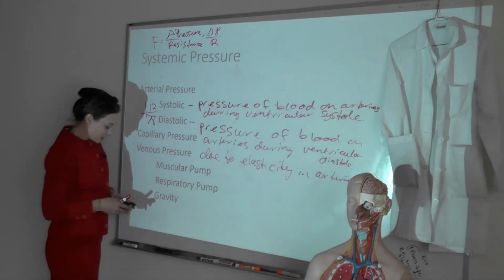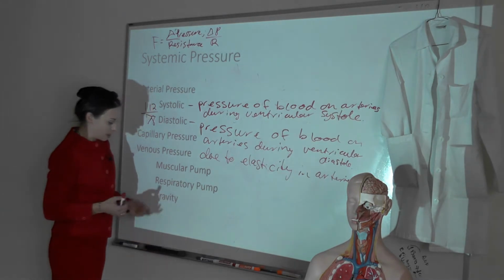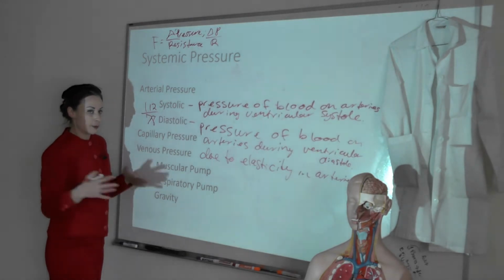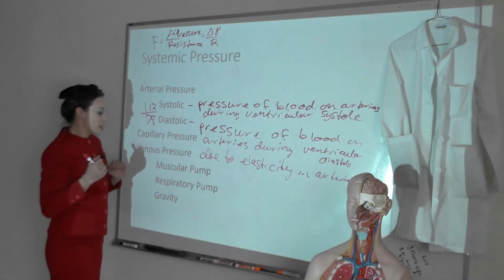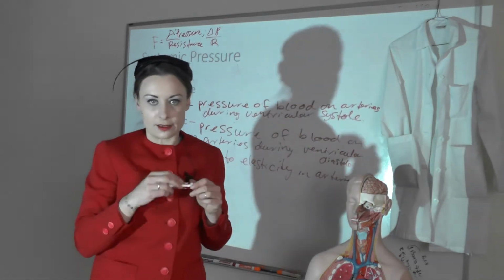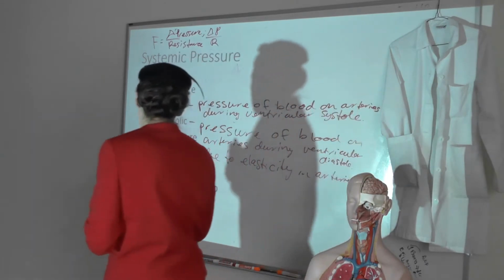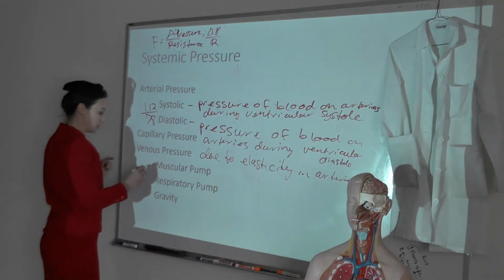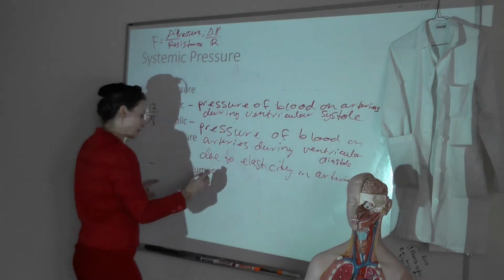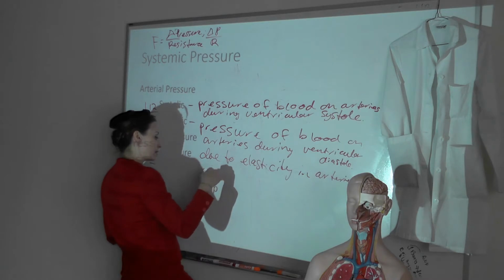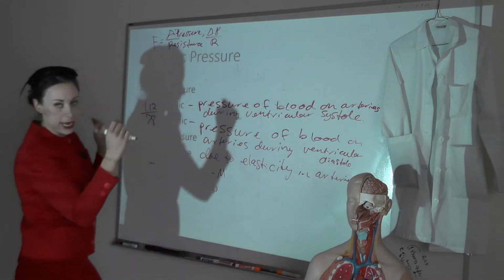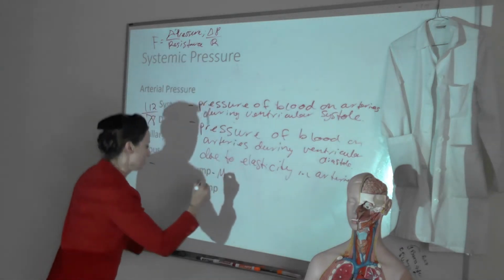If you recall, we said that veins had valves in their tunica intima, and that as your skeletal muscles contracted, it squeezed on your veins and pushed blood from one valve segment to the next. So that's the pressure going on in the venous system, all this milking action. Our skeletal muscles contribute as the skeletal muscle pump, or the muscular pump, and we can say this is the milking action of skeletal muscles that pushes blood through veins from one valve segment to the next.